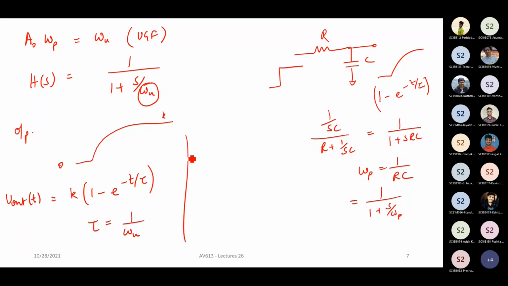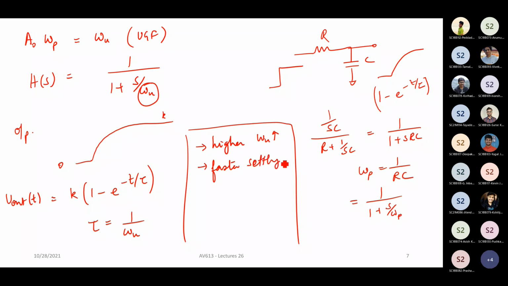So one of the takeaways from here is, the higher your unity gain frequency, the faster the settling. Agreed? So what is your UGF? This is nothing but GM by 2 pi CL, or GM by CL, because you're talking about omega u. So how will you increase the unity gain frequency of your op amp?